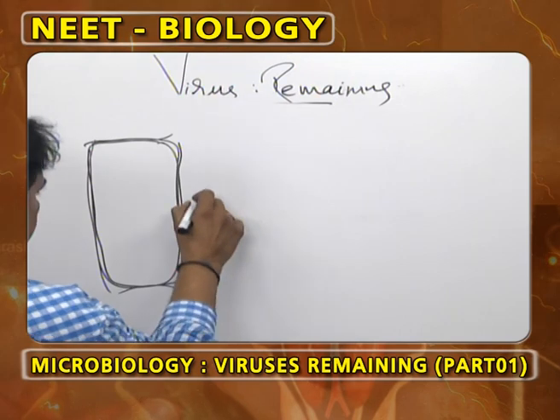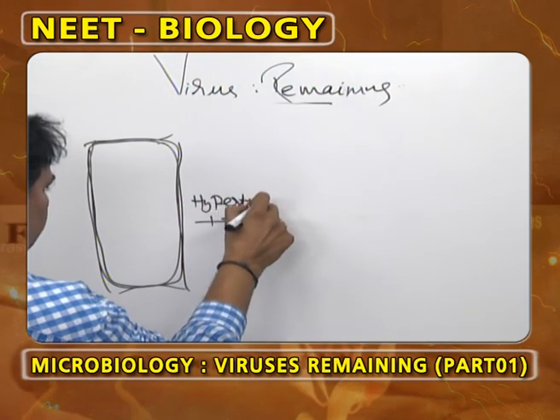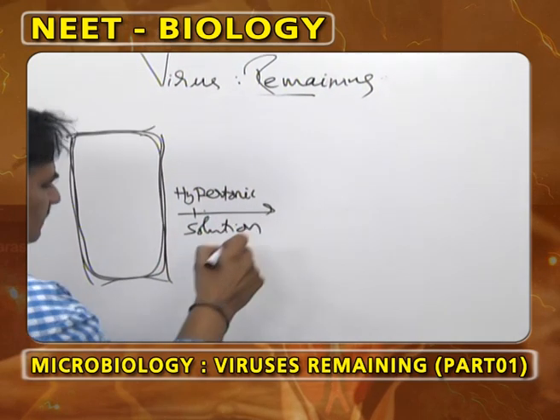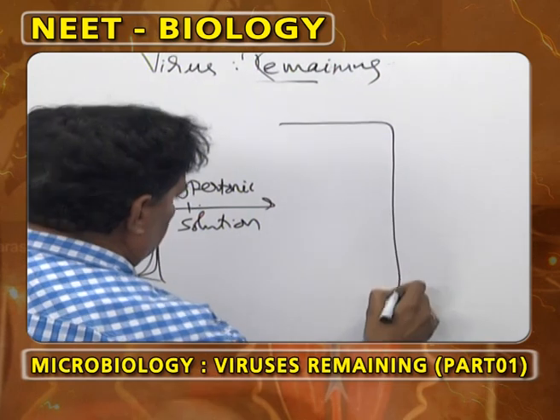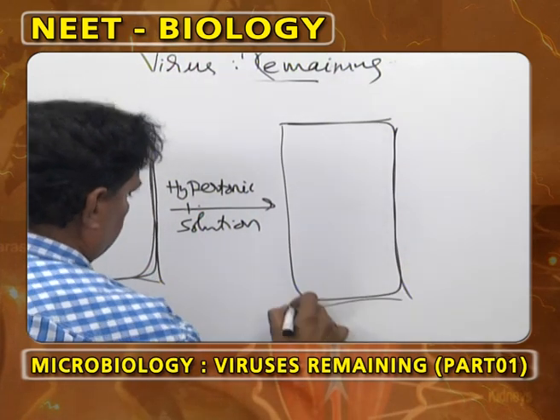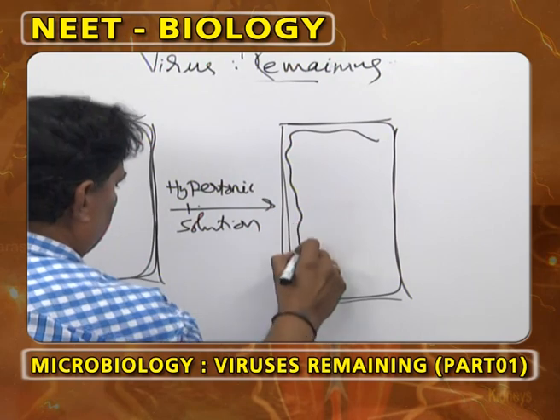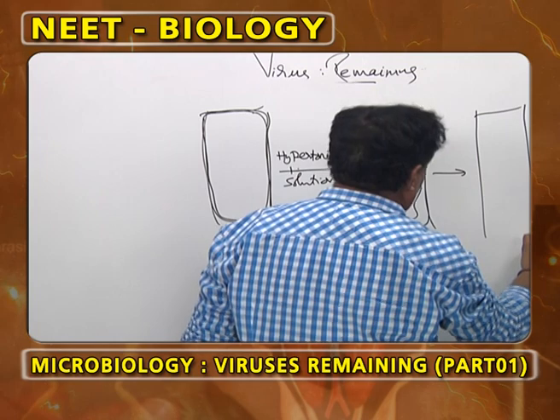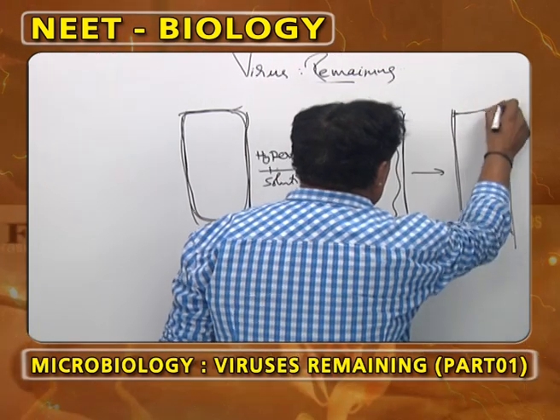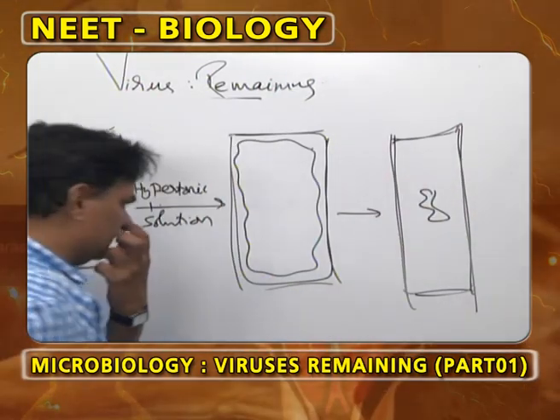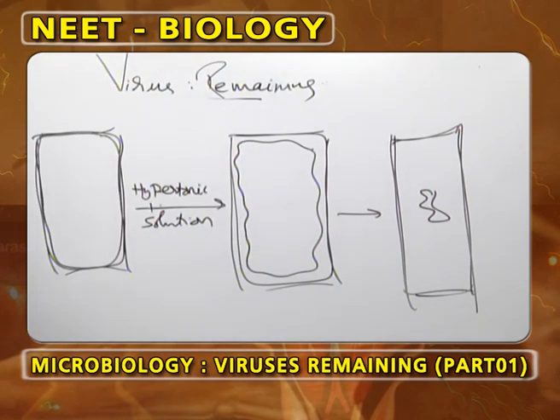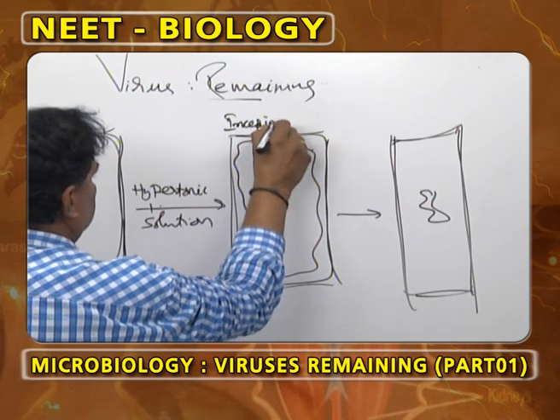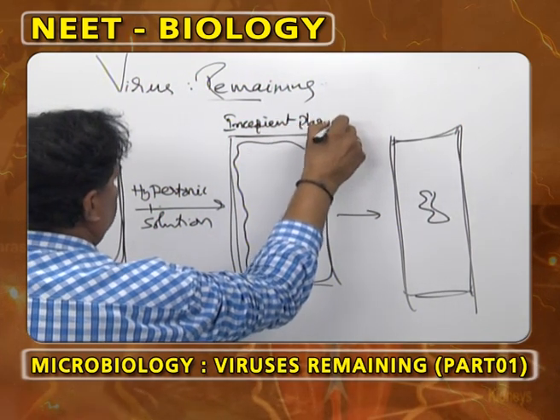When a cell is kept in hypertonic solution, that means the concentration in the surroundings is more than in the cell. In plasmolysis, shrinkage of protoplasm occurs first only in the corners, then the shrinkage extends and the whole protoplasm shrinks. So, the initial stage of plasmolysis, only in the corners, is called incipient plasmolysis.